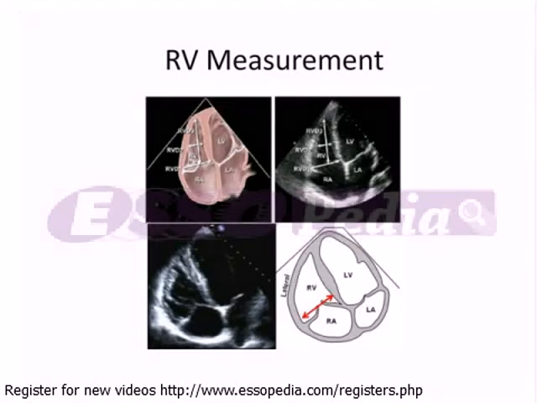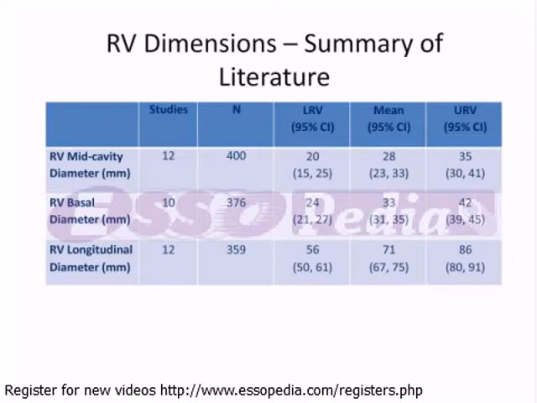This is obtained by emphasizing the right ventricle from the apical four-chamber view by slightly rotating the probe towards the right ventricle. Based on the available literature, the right ventricular basal diameter had a 95th percentile upper reference value of 42 millimeters, suggesting that if the right ventricle measured more than 42 millimeters, it was likely enlarged.